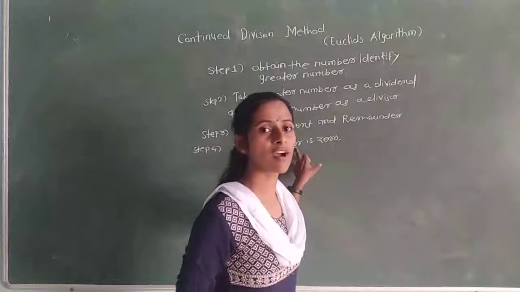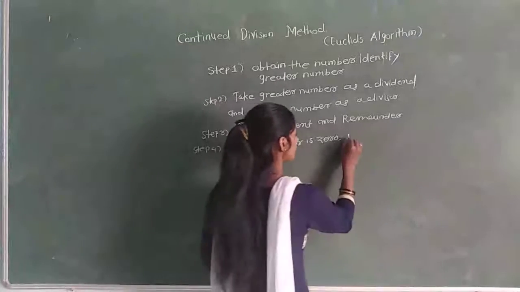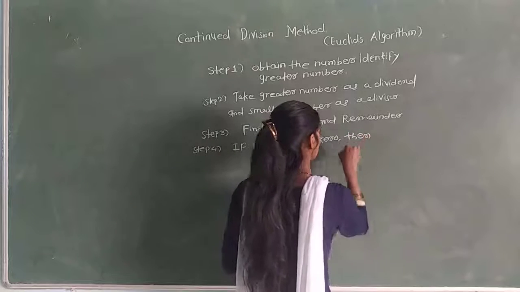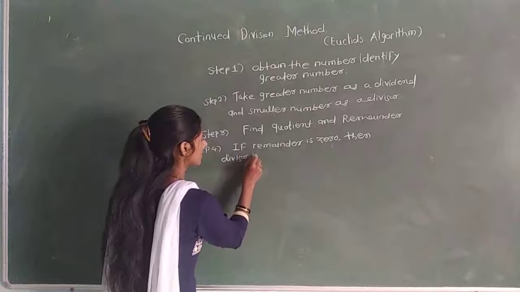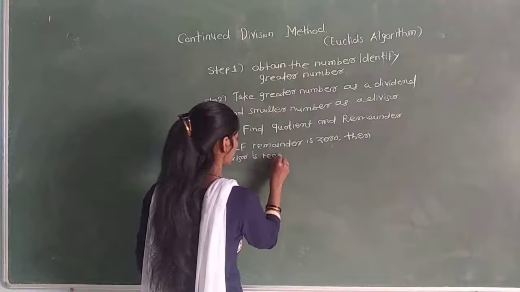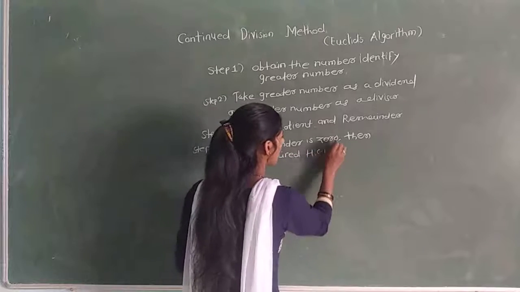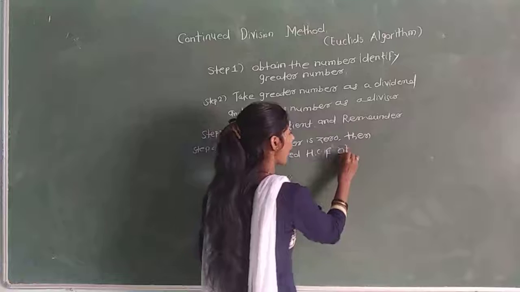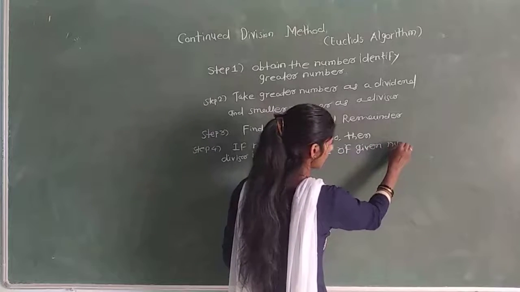This divisor is the SCF of the required number. The divisor is the required SCF of the given numbers.